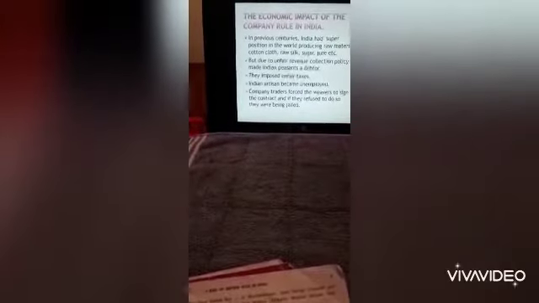The British government imposed unfair taxes, and for that Indian artisans became unemployed.